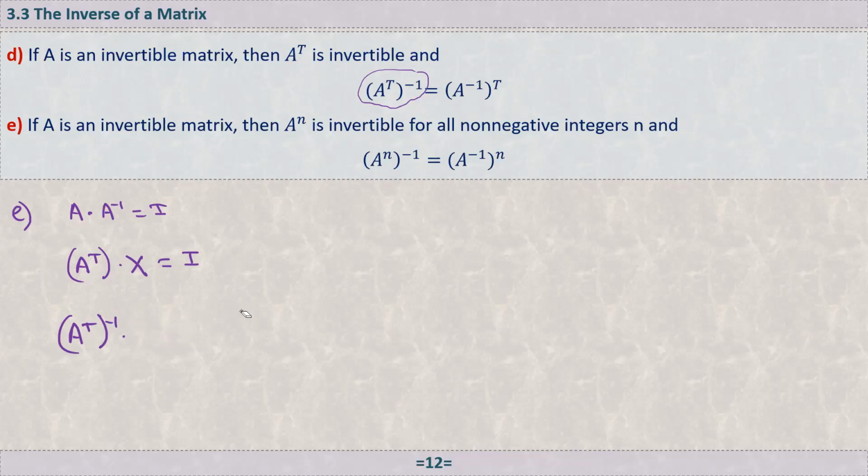Here we have A transpose and here we have X, and I just multiply both sides by A transpose inverse. Now A transpose inverse and A transpose, like matrix B inverse and matrix B, that's equal to I. So here we have I times X equals A transpose inverse. So what is X? X equals A transpose inverse.